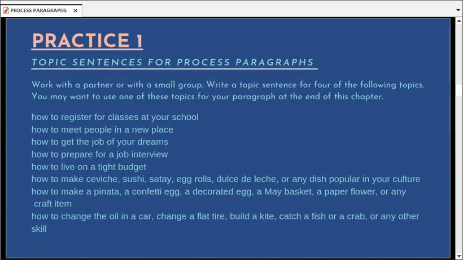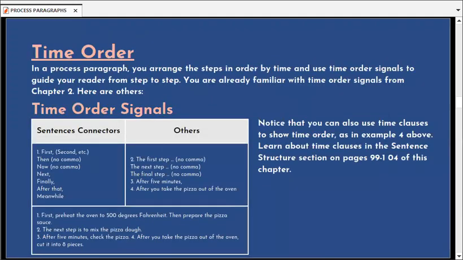How to make a piñata, a confetti egg, decorated eggs, a basket, a paper flower, and any carved item. How to change the oil in a car, change a flat tire with its kit, cut a fish or crab, and other skills. Next, Iwan.